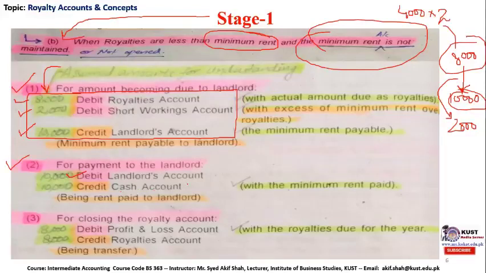Since this is a payment entry to the landlord, we are utilizing the property of the landlord, and we have paid the royalty fee to the landlord in this entry. So for payment, we debit the landlord account. This is our liability, and when there is a decrease in liability, it is recorded by debit. The cash account is credited since it is an asset account, and when there is a decrease in asset, it is recorded by credit.